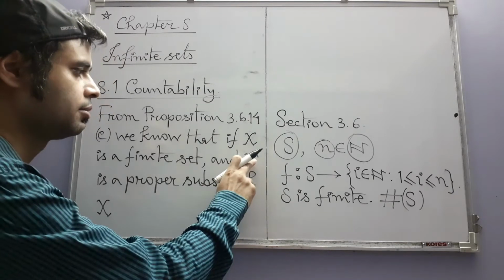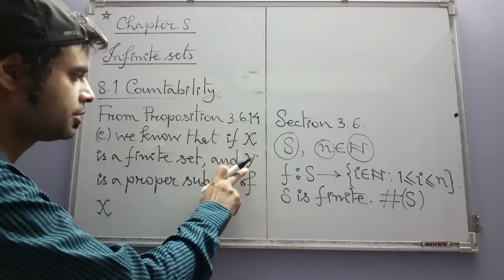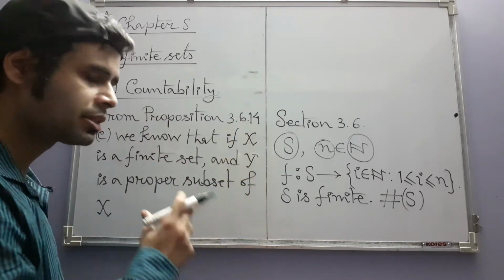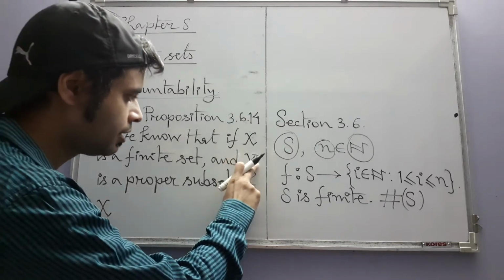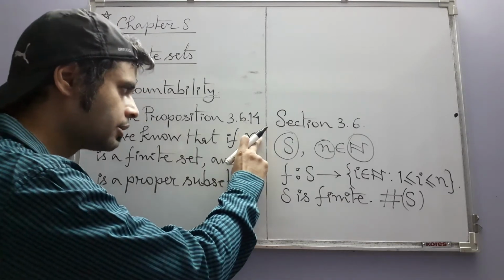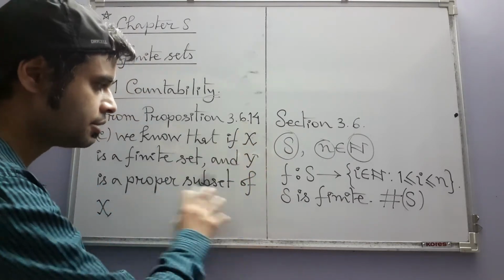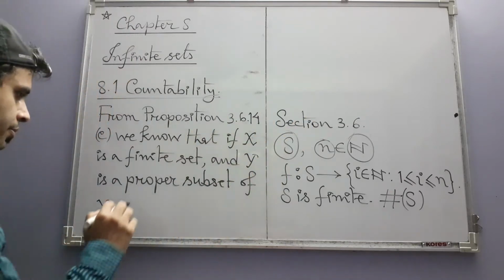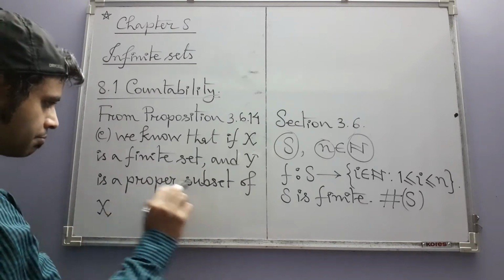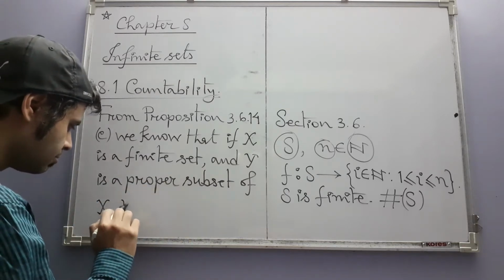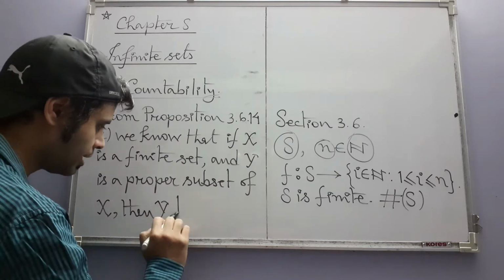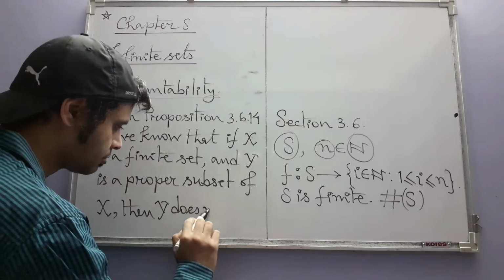In fact, in this part of the proposition we find that when Y is a proper subset of X, then the cardinality of Y is strictly less than the cardinality of X. This is something that we proved when we studied these things.